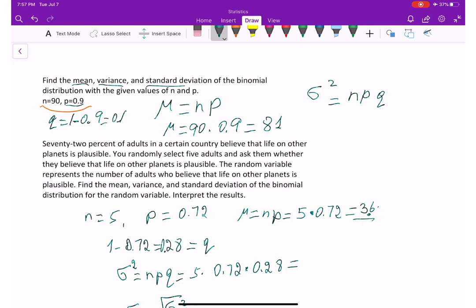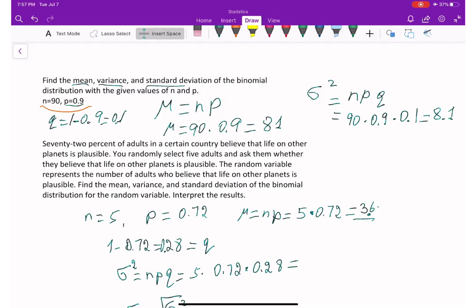All right, so sigma squared is equal, n is 90, p is 0.9, and q is 0.1. So it's going to be 8.1.